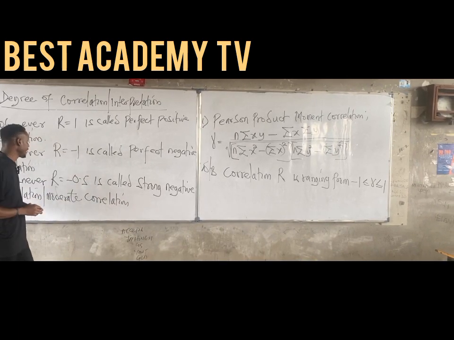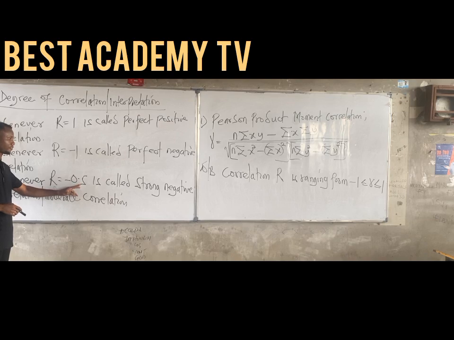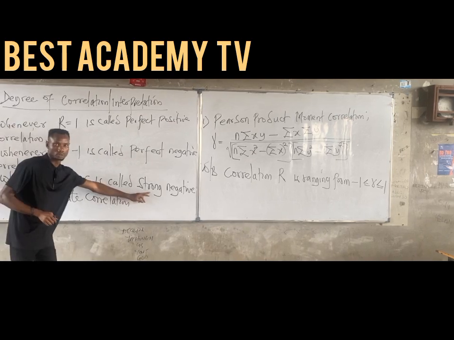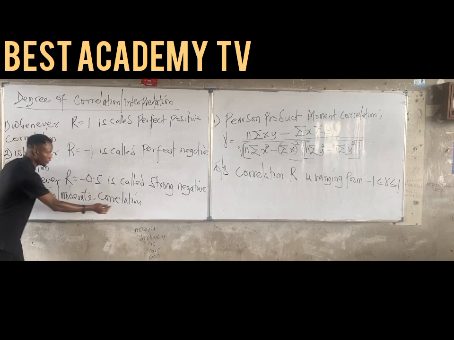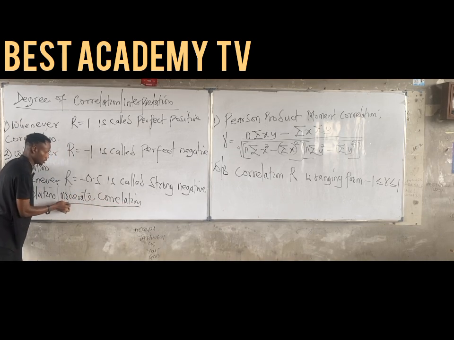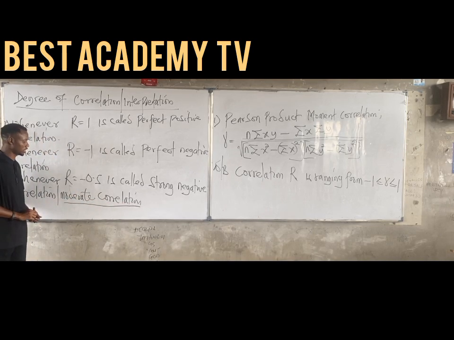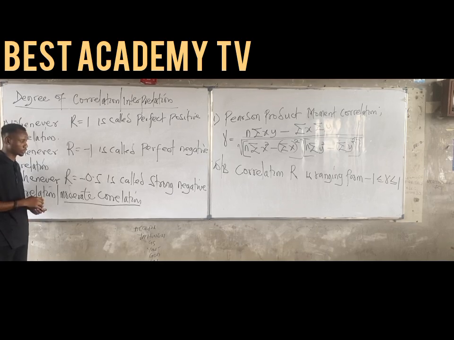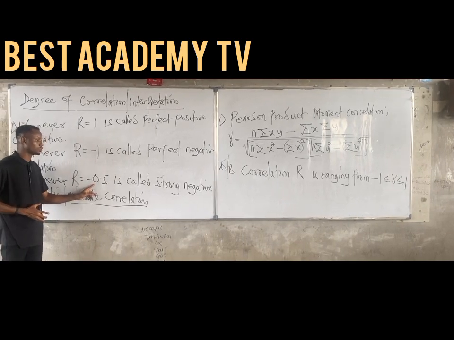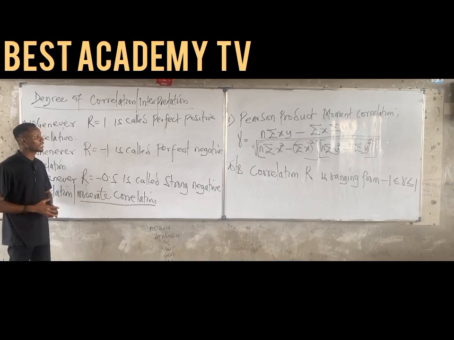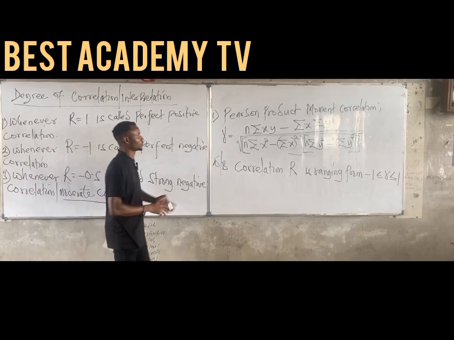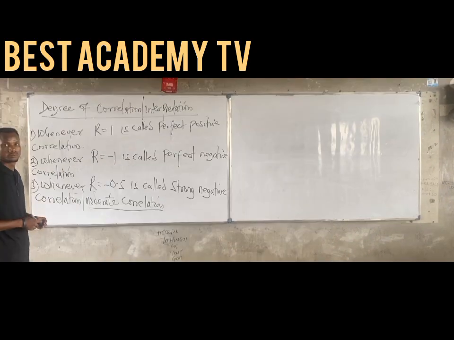Whenever r is equal to minus 0.5, we call this strong negative correlation or moderate correlation. I'd prefer you call it maybe moderate negative correlation. Very important, because we also have some values that are less than minus 0.5. Let's look into that.